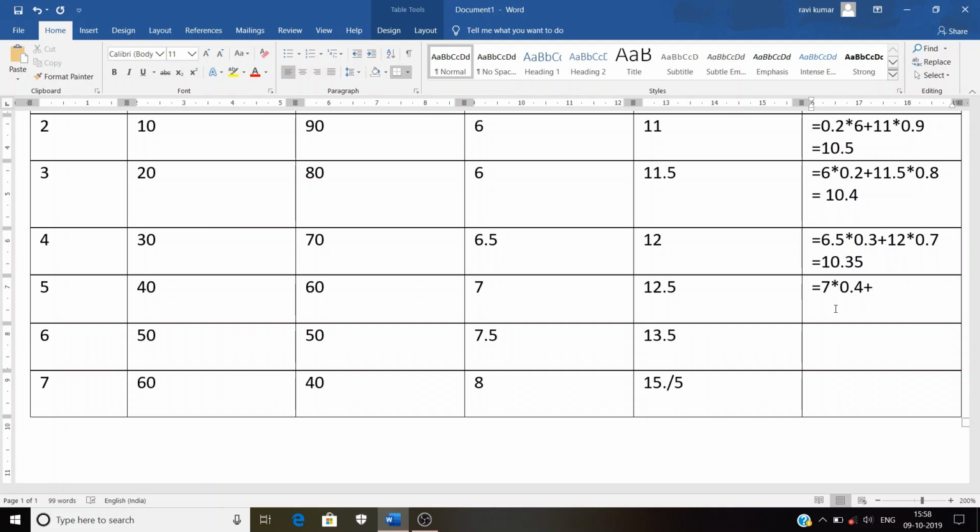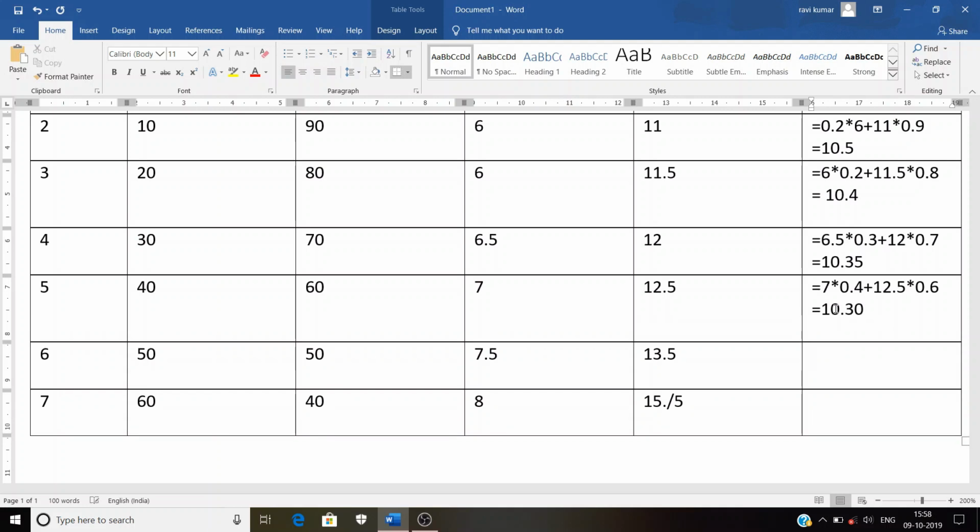In the fifth case, cost of debt is 7 multiplied by weight of debt that is 0.4, plus cost of equity is 12.5 multiplied by weight of equity that is 0.6. So when you solve this, you will get 10.30.